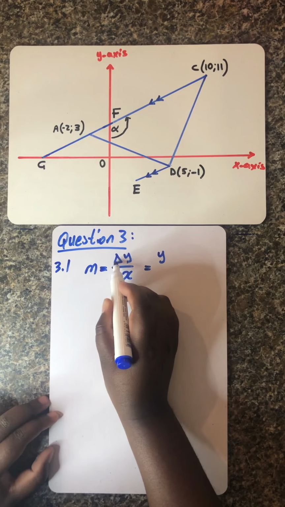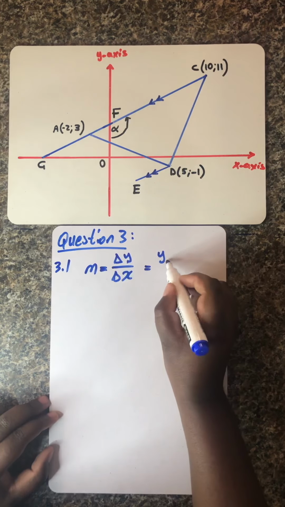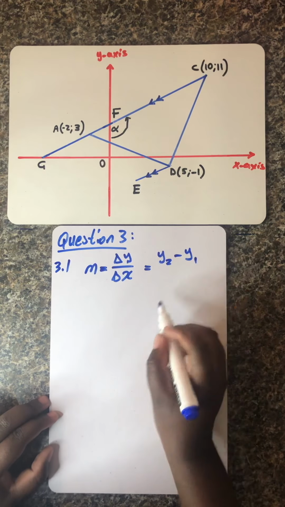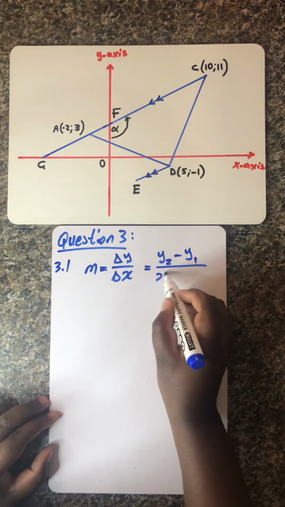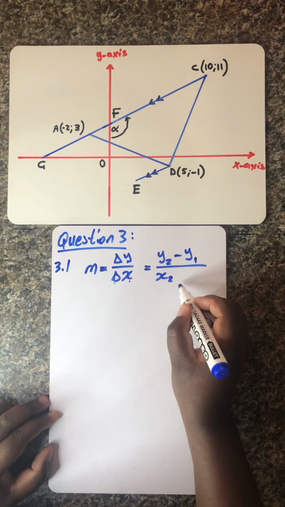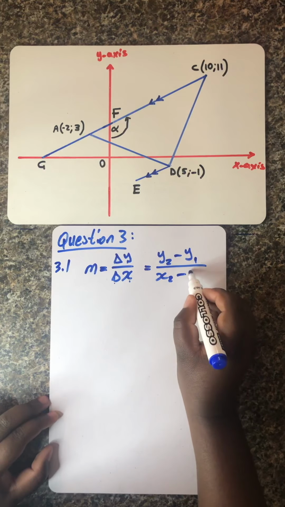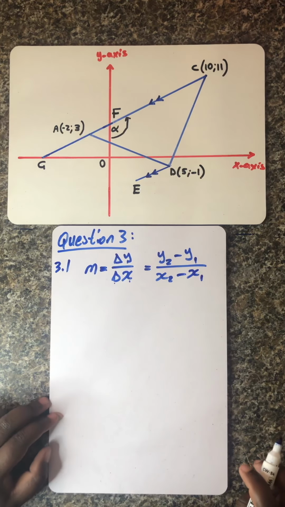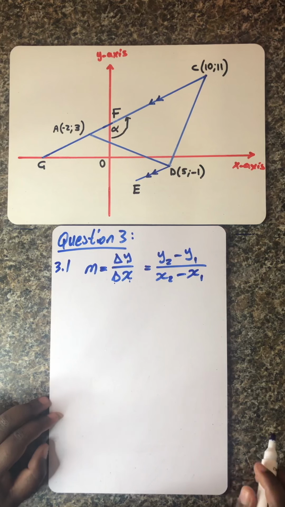Change in y means y of the second point minus y of the first point, over x, because now we talk of change in x: the second corresponding x value minus the first corresponding x value. Ladies and gentlemen, very, very much important.